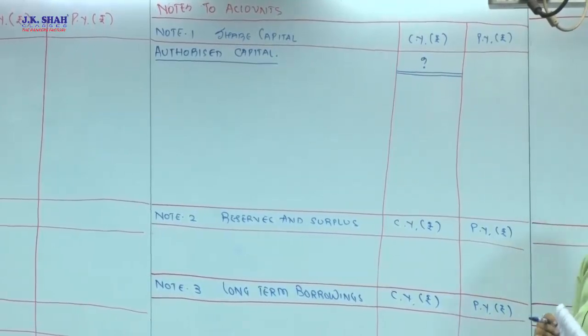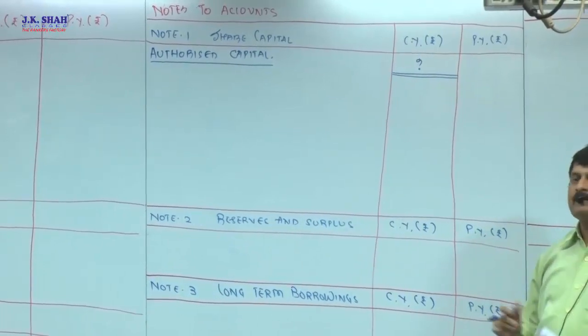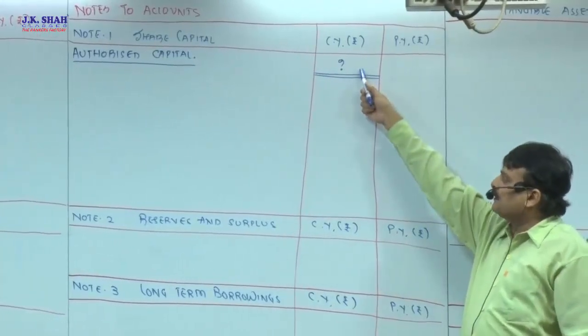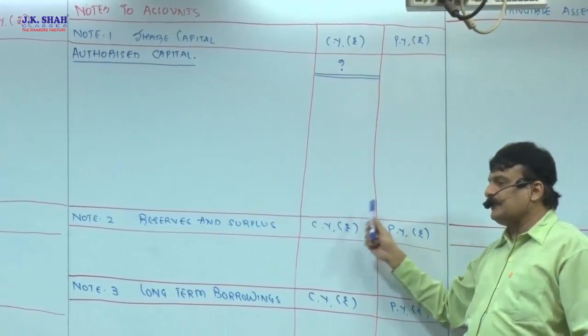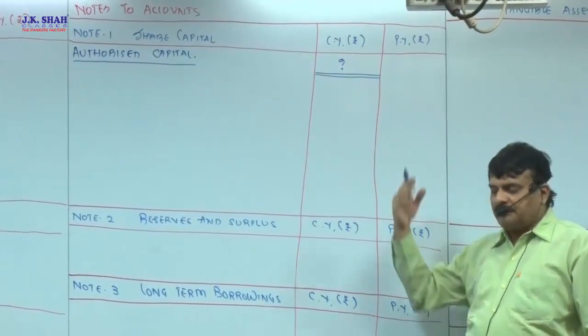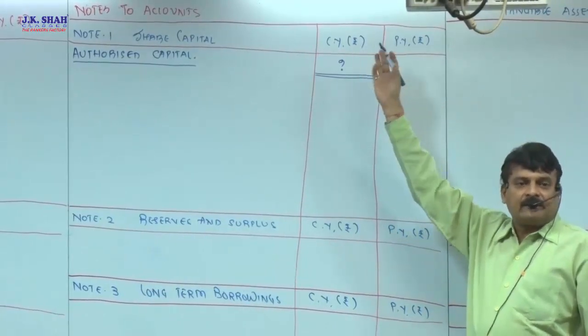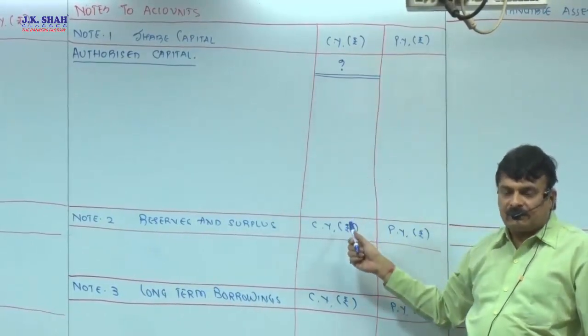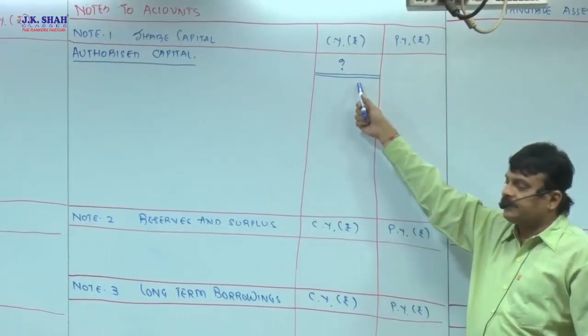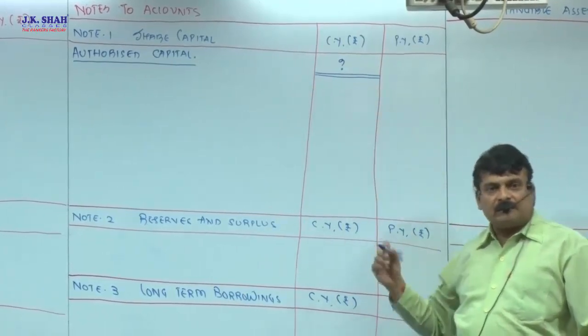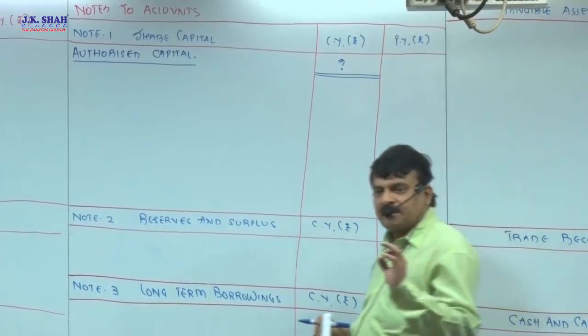Why 2 underlines? Because authorized capital amount is not considered in the total. Here we don't have amount, but suppose amount would have been there, still it doesn't come in the total. It's only additional disclosure. What comes in total is always paid up capital. Right.